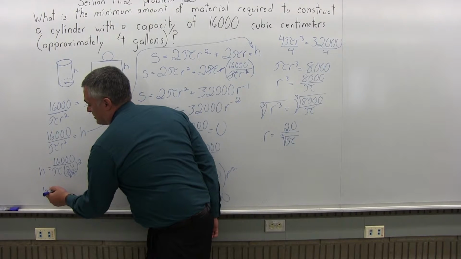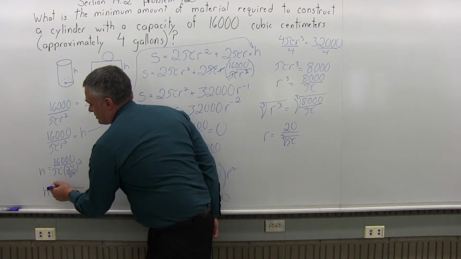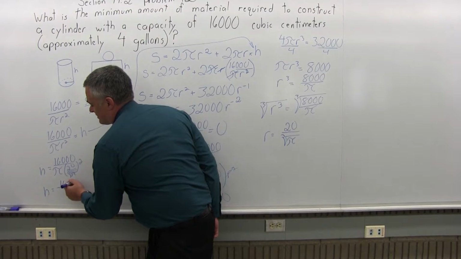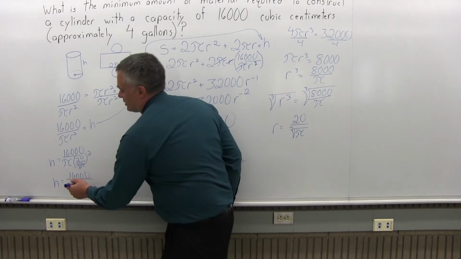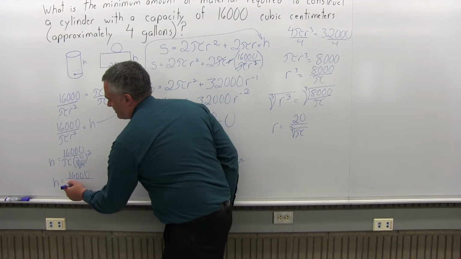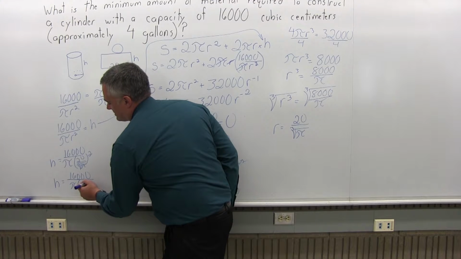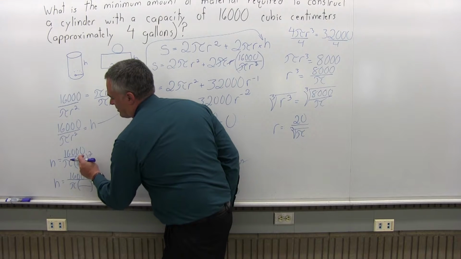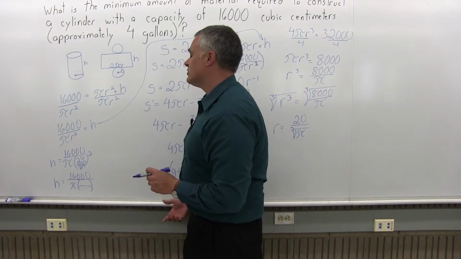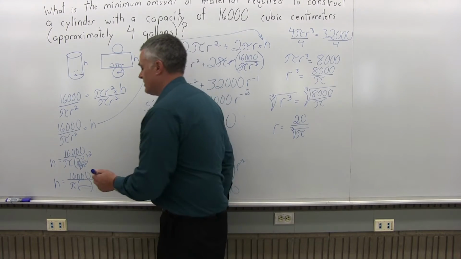So h equals, so the top's going to stay 16,000 for one more step. Now in the denominator I have pi times a fraction. On the top of the fraction I have 20 squared. So 20 times 20 is 400.